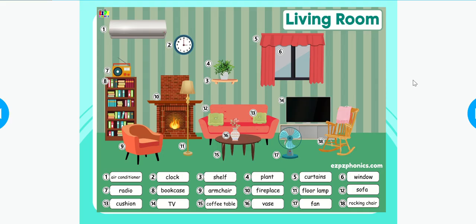Here we have the living room. This is where we often spend time as a family. We can watch TV, relax, read a book. Let's go through some of the vocabulary. 1. Air conditioner. 2. Clock. 3. Shelf. 4. Plant. 5. Curtains. 6. Window. 7. Radio. 8.